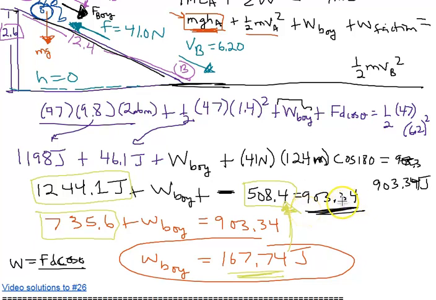So again, if you want to think money just because it's concrete, there was $1,244. He spent 508, but he still ended up with 903.34.